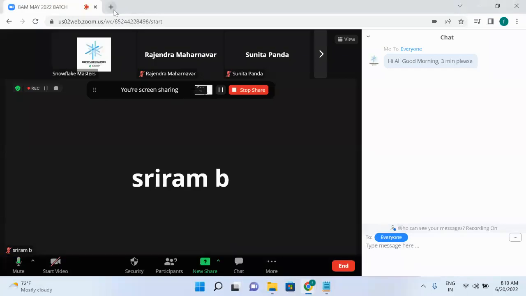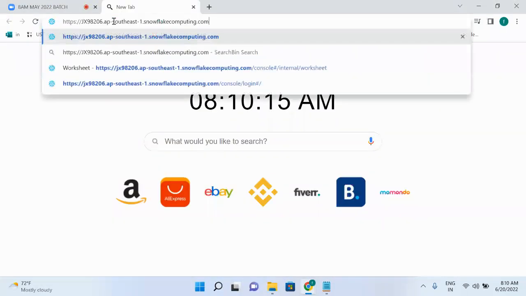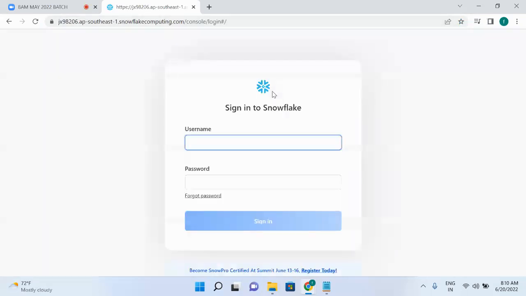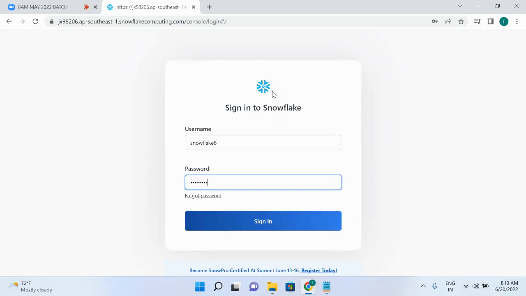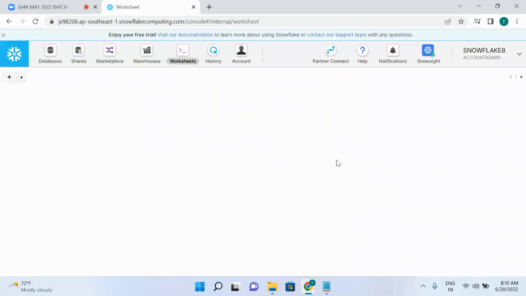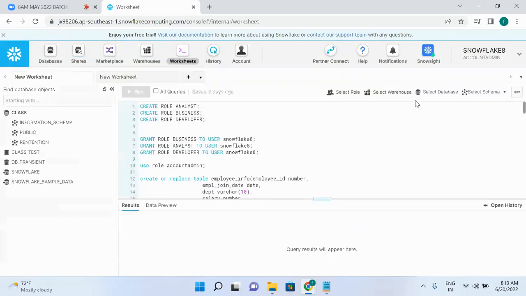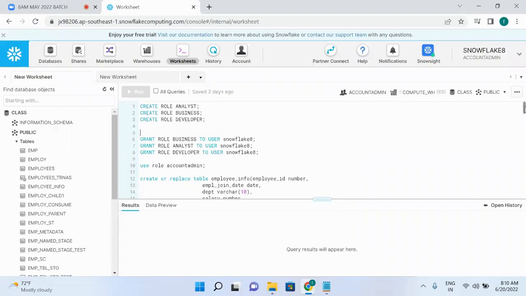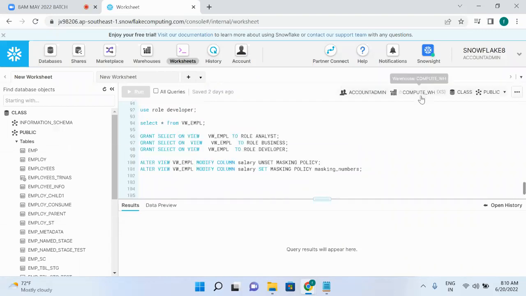Now let me log into our Snowflake account. If you observe, when you are utilizing these computation resources, this virtual machine is active, right? How much time are we utilizing this?